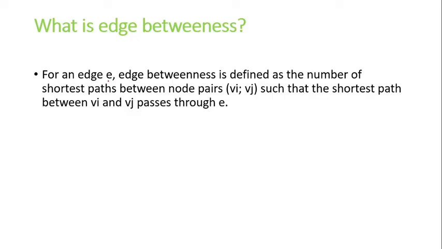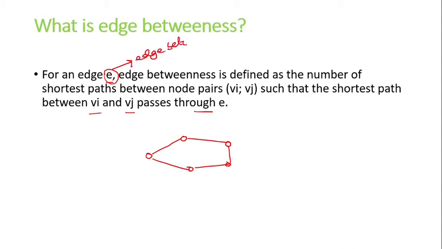So for an edge E, edge betweenness is defined as the number of shortest paths between node pairs Vi, Vj such that the shortest path between Vi and Vj passes through E. That means you have to understand this concept. It is saying that edge E is the edge under consideration, the edge for which we are going to find the edge betweenness.